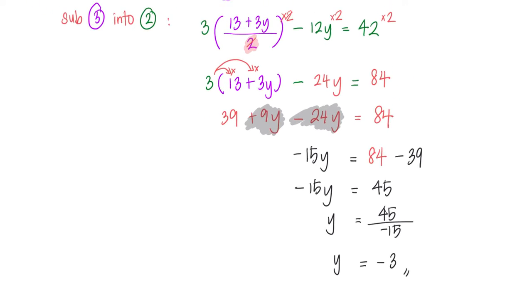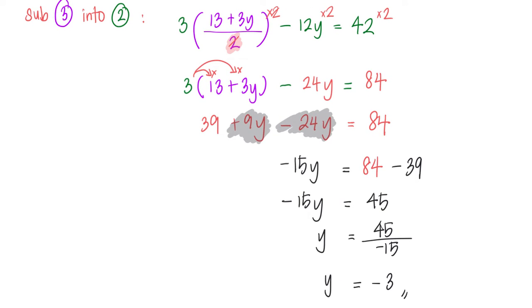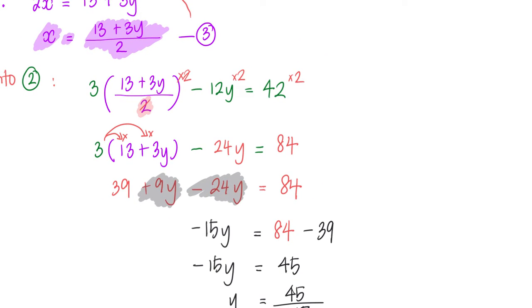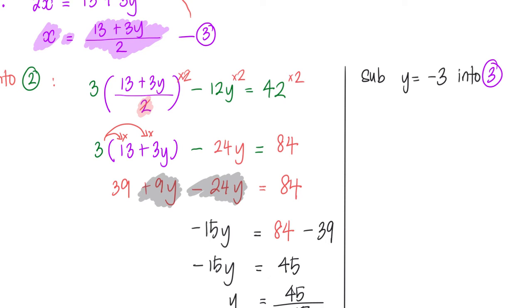Now, the last part is for us to substitute y equals to negative 3 into equation 3 so that we can find the value of x easily. Alright? So, do let people know that we are actually substituting the value of y into equation 3 now, whereby x is equal to 13 plus 3y divided by 2.